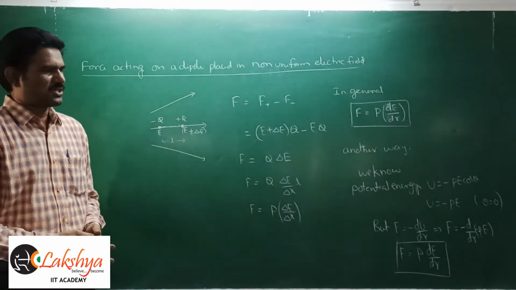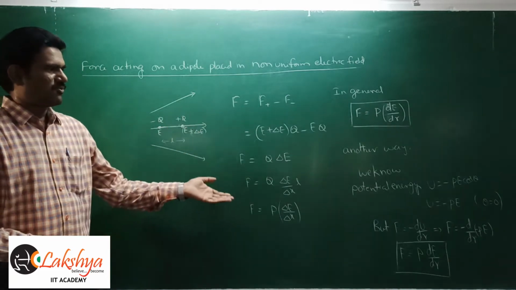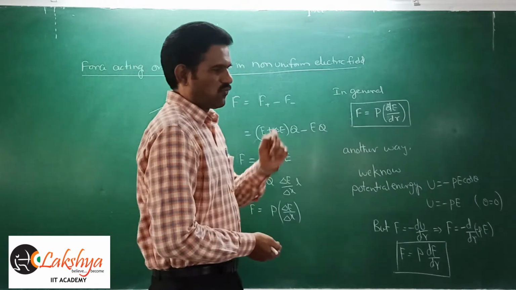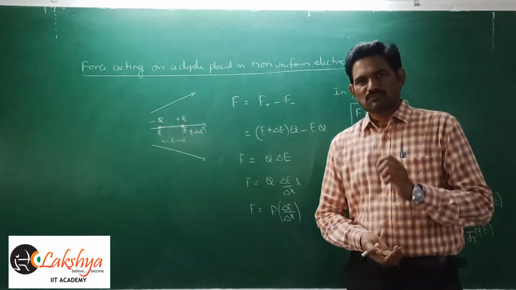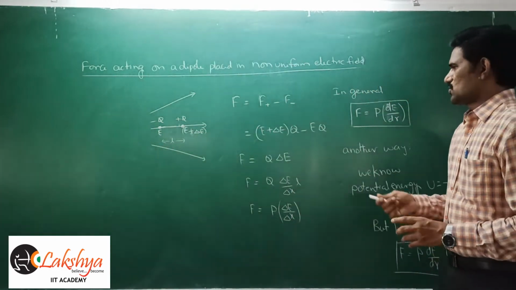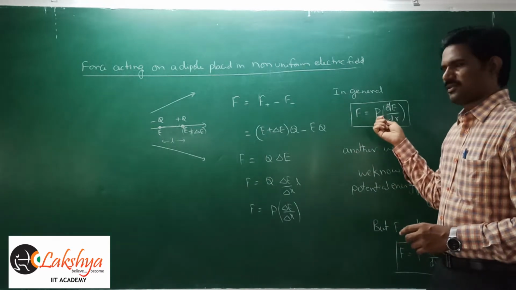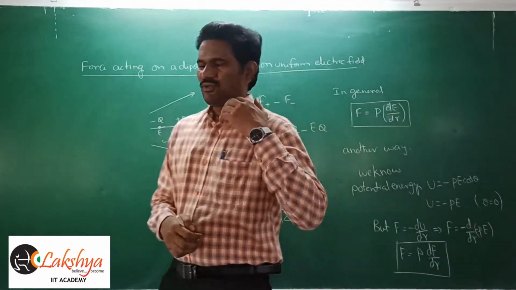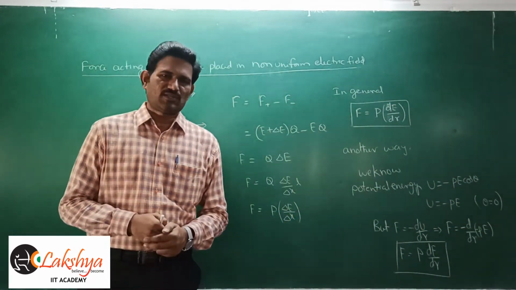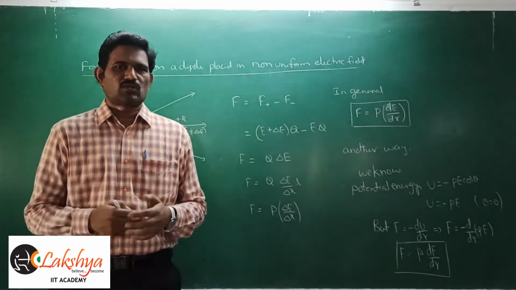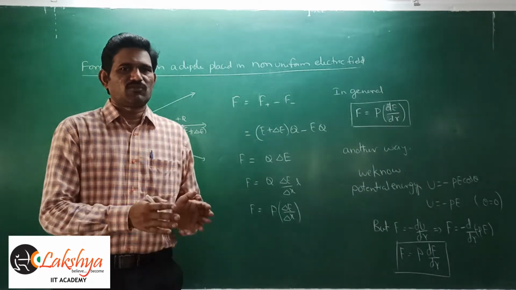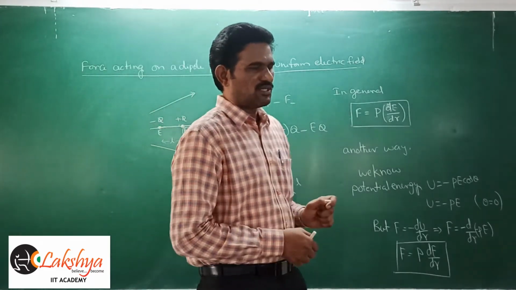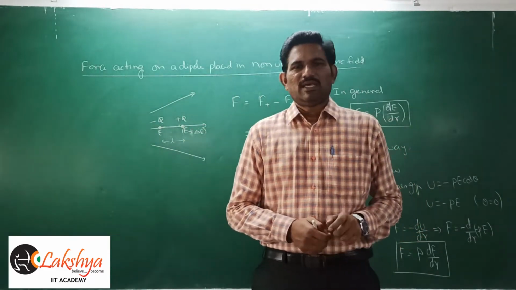So in terms of potential energy we can write, or in general also we can derive like this. So from now onwards, whenever a dipole is placed in a non-uniform electric field, the force acting on the dipole is given by P into dE by dr. We discussed how the force and torque act on the dipole when it is placed in a uniform electric field and in a non-uniform electric field.